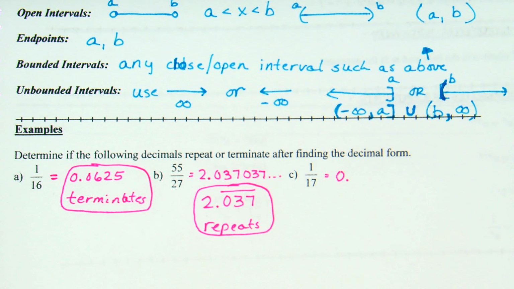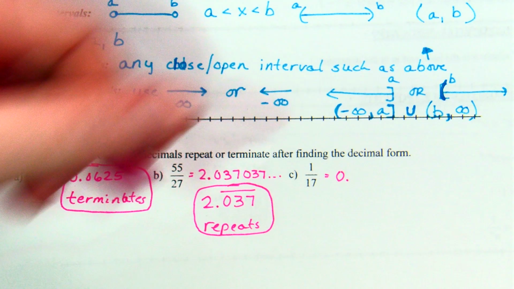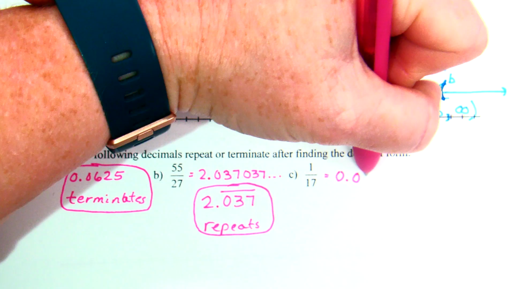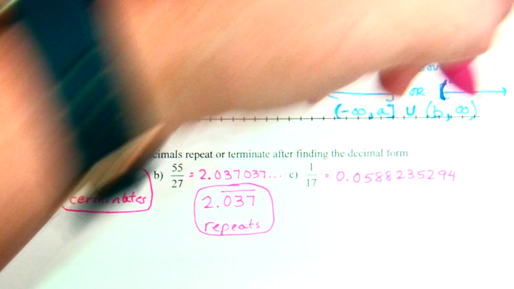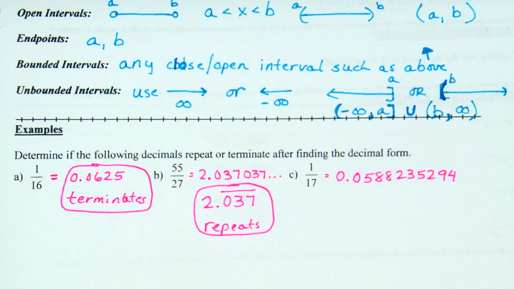Okay, so what are your calculator screens saying? I know it's 0.0 something. 0.058823529. Anyone go past 9? Okay, I think the graphers say 4. I don't know if it goes any farther past that. That's as far as I have written down. Occasionally you'll get some other random brand of calculator that'll go farther than that. So as it appears right now, it doesn't appear to be repeating, does it?